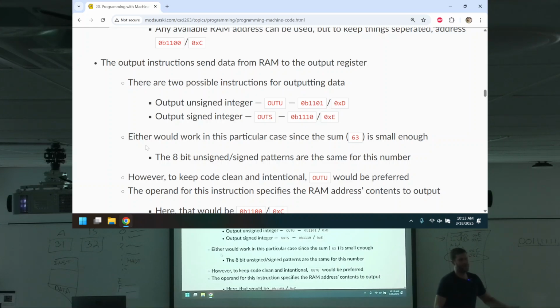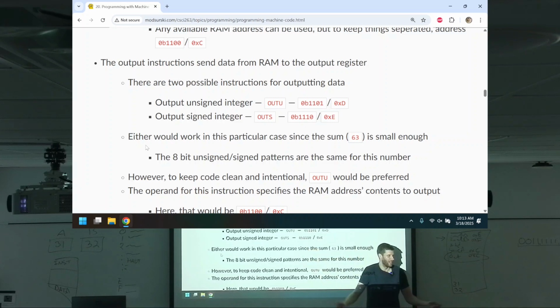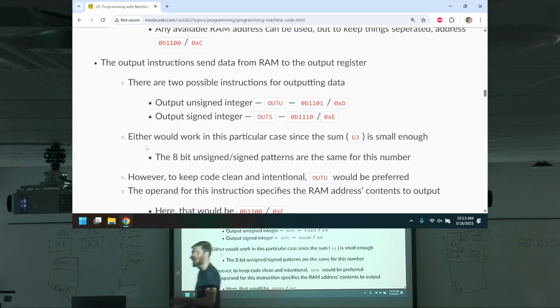It's not big enough such that the 2's complement number would be different, right? So the bit pattern for 63 is the same whether it's 2's complement or not, whether it's signed or unsigned. So at the end of the day, I could have picked either of these things. I know it's an unsigned number, so I'll go with this, right? Because whatever, again, intentionality. What does it mean? So we'll use out U.